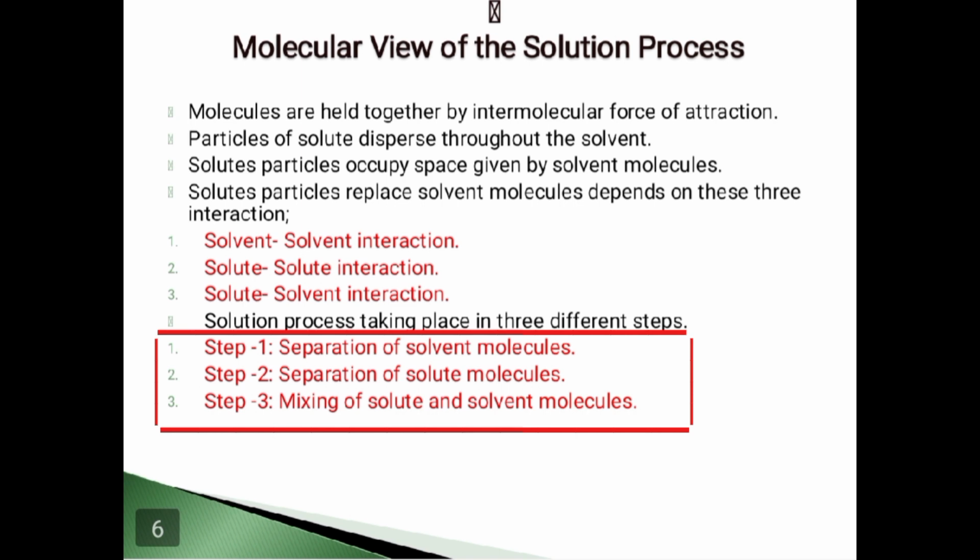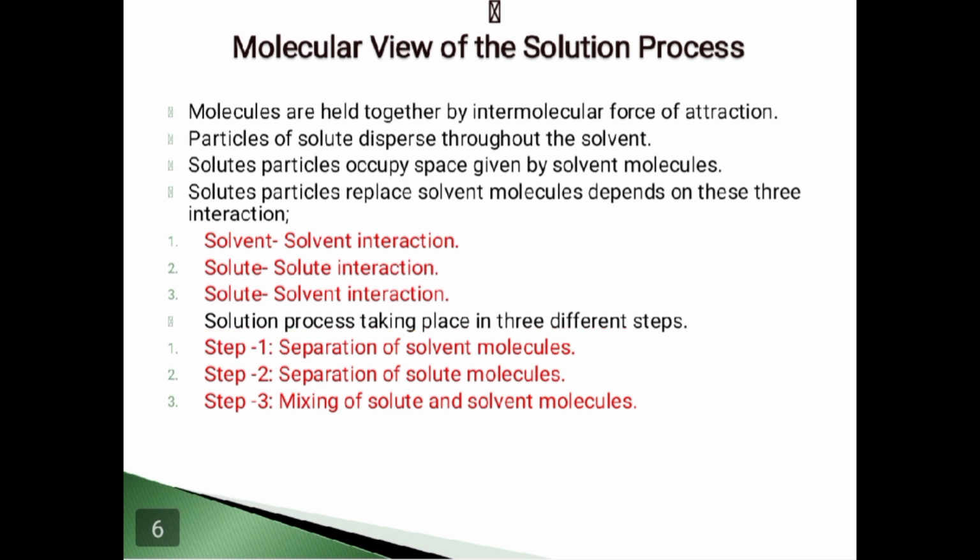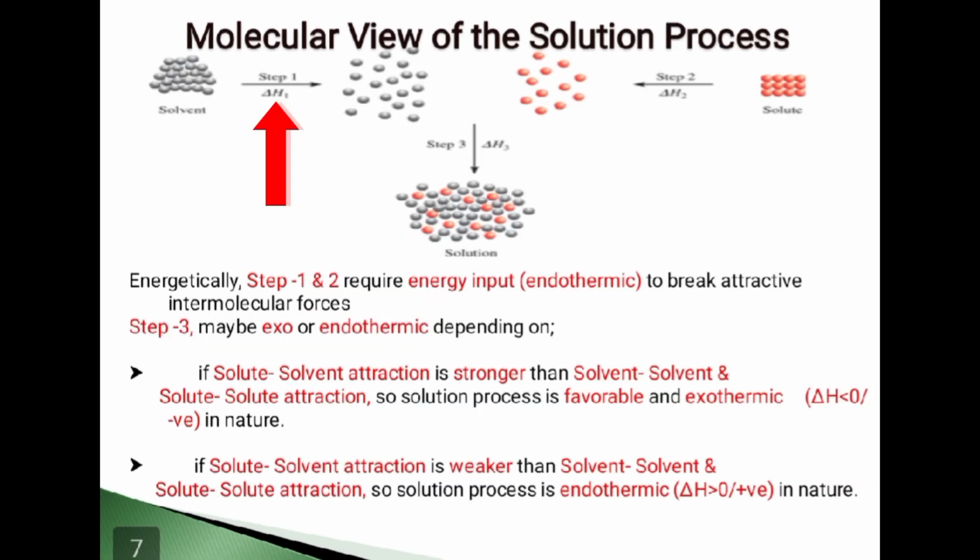For clear understanding, in step 1, separation of the solvent molecules happens only by overcoming the intermolecular forces of interaction, because to break intermolecular forces energy is required. As we have discussed, point 1 is the disruption of the molecular bond.